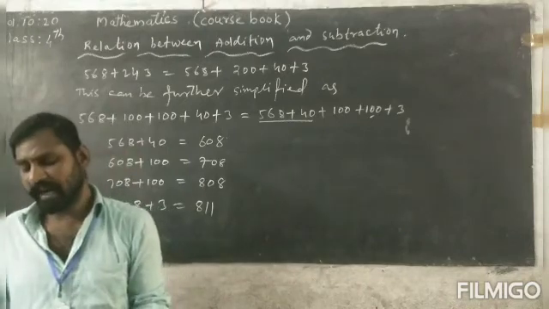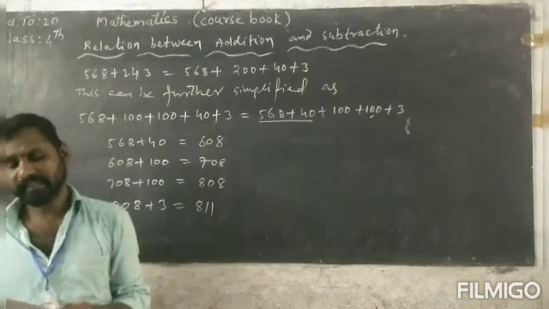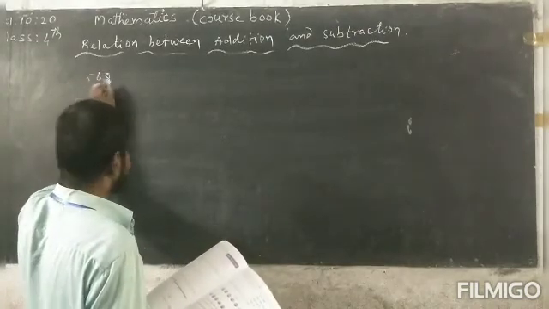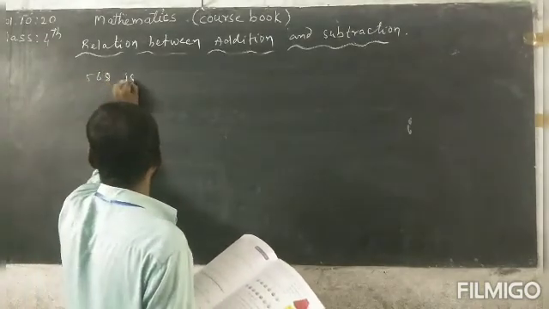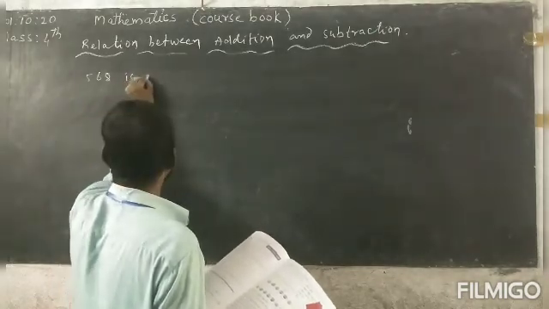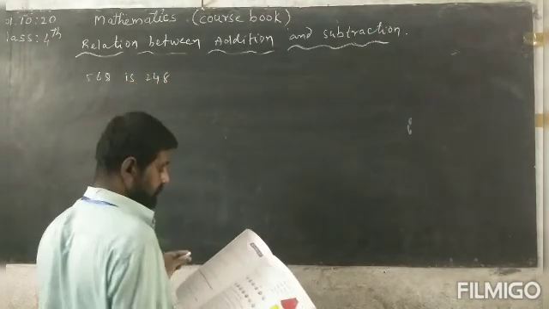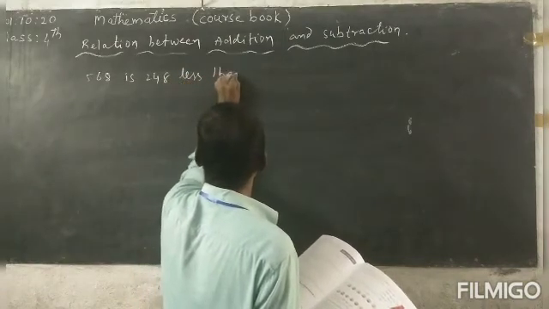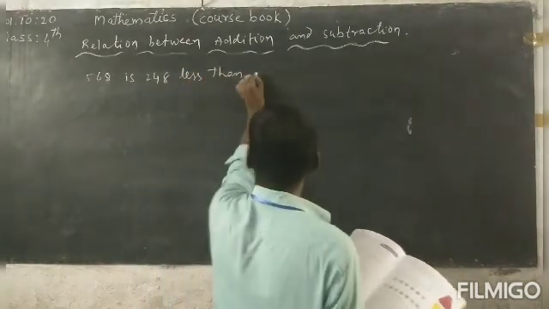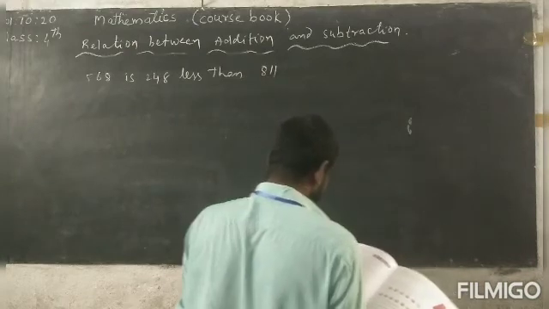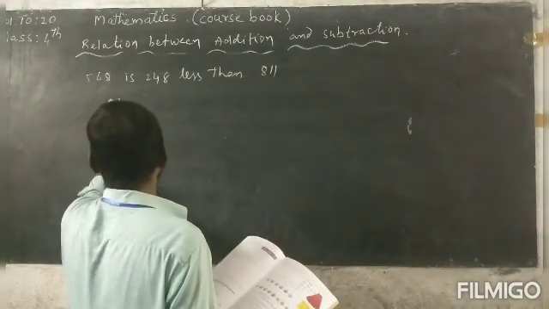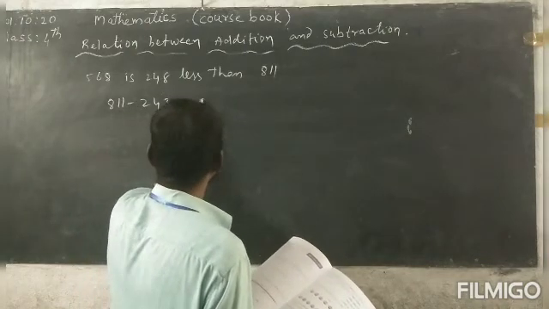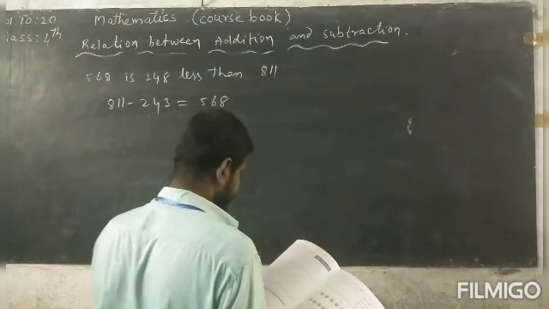So first time he got 568. 568 is 243 less than 811, means 811 minus 243, you get 568.